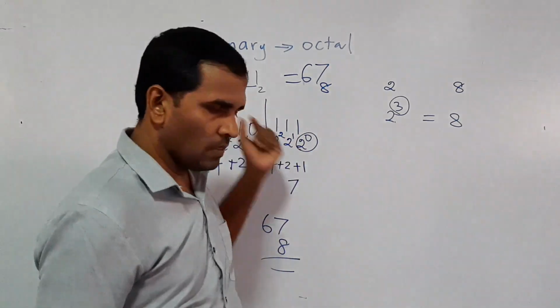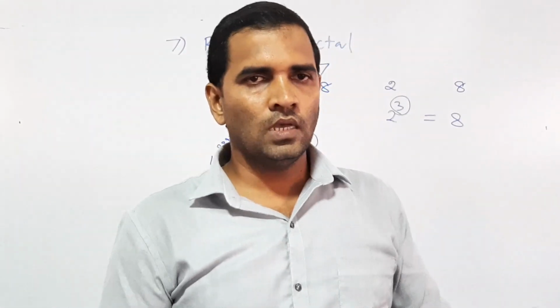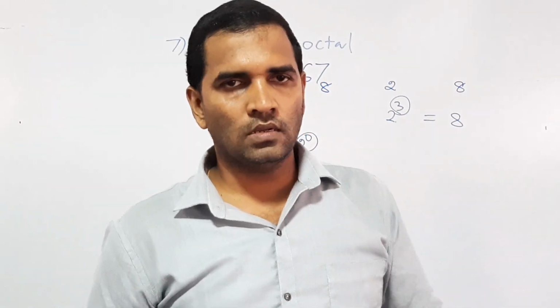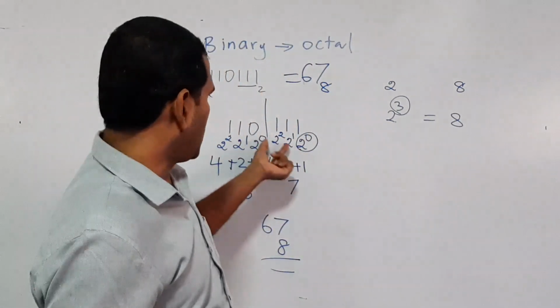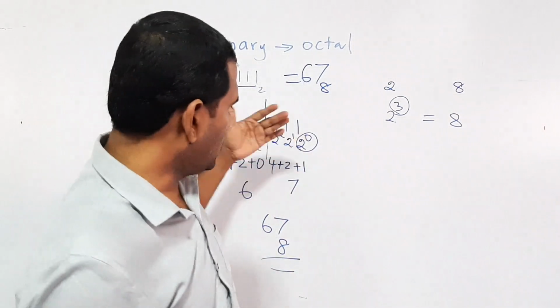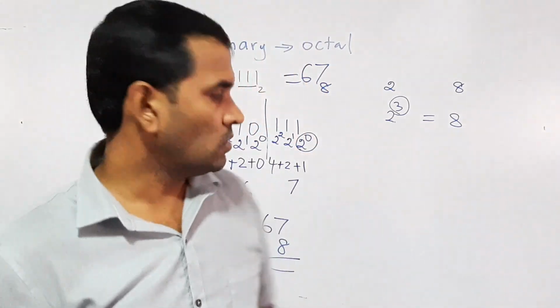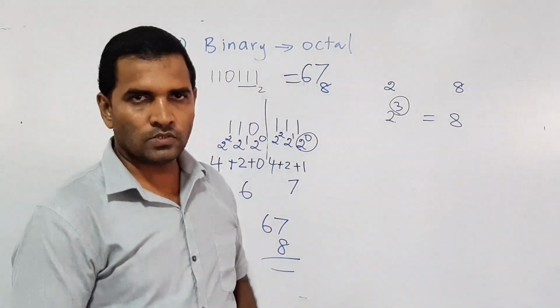So that's why we divide the binary into groups of 3 binary digits. After dividing, you have to write their positions. Finally, find the value and write them together. So it's 6, 7 base 8.